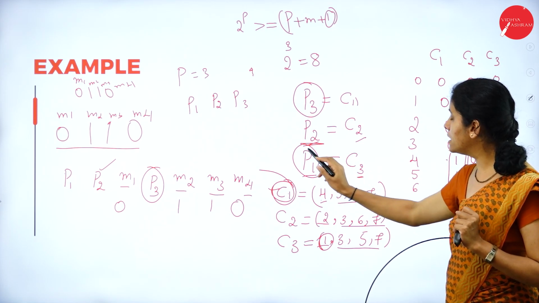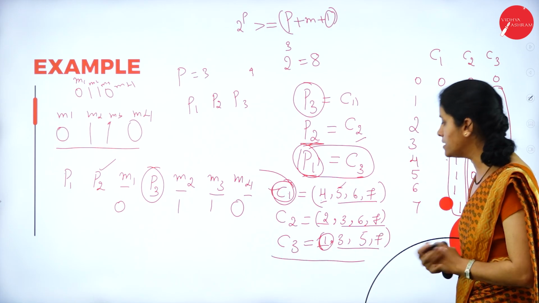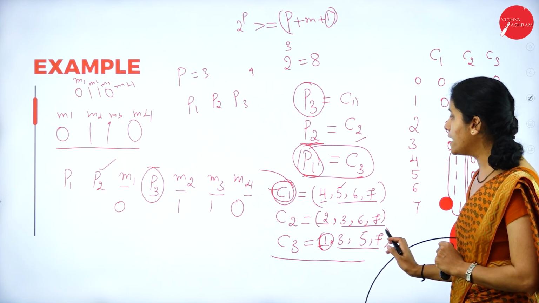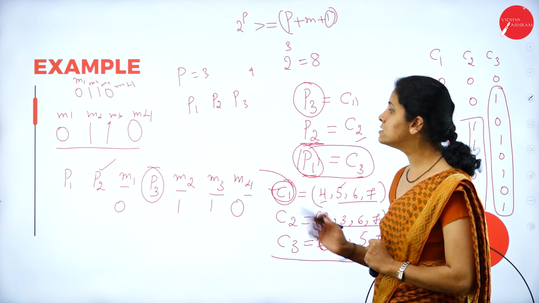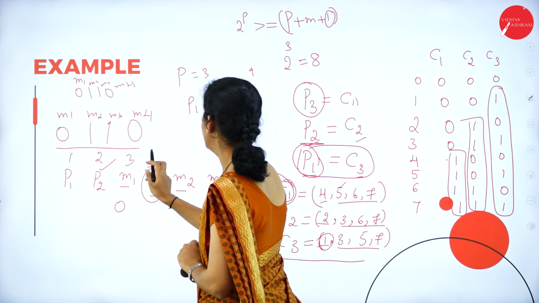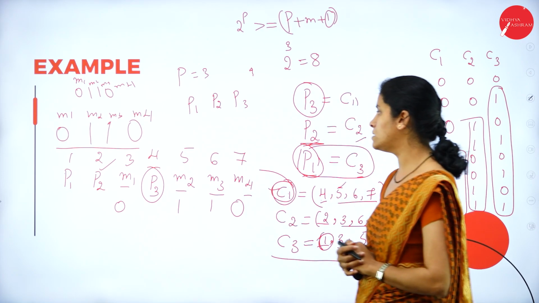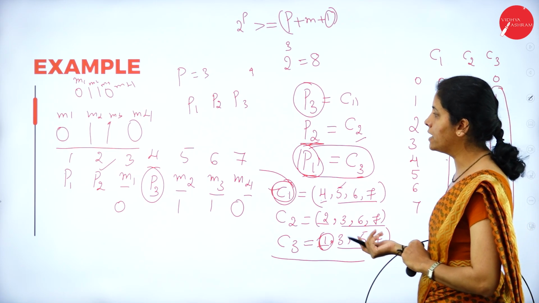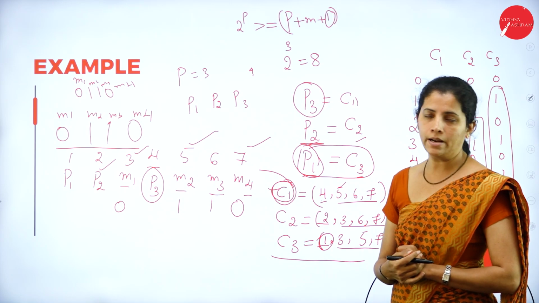P1 is nothing but the C3. So, I want to consider this C3 and see positions 3, 5 and 7. Here I'll count 1, 2, 3, 4, 5, 6 and 7. So, I want to consider 3, 5 and 7.